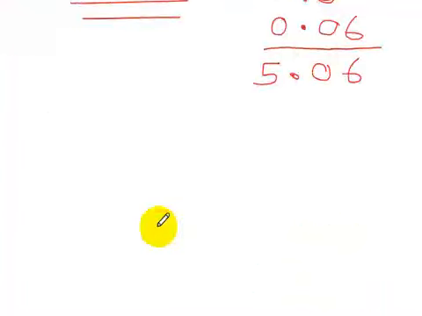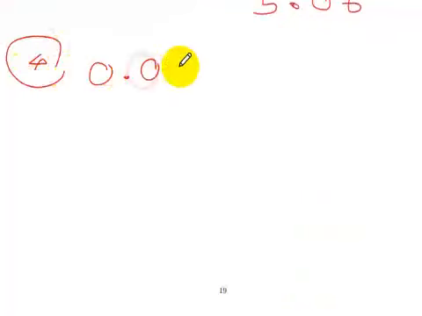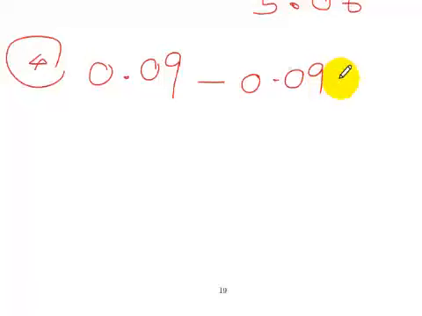Okay, we'll solve another problem. Question number 4. 0.09 minus 0.09 into 0.03. So priority should be given to this part, the multiplication part.